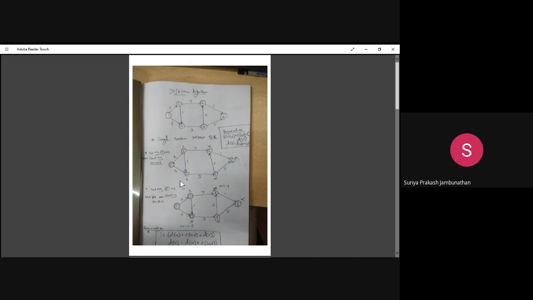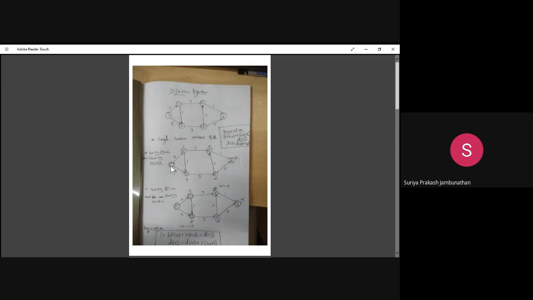One more thing you have to consider: we have direct paths from 1 to 2 and 1 to 3. Is there any direct path from 1 to 4? There is no direct path, so we are putting infinity. Here we are not having any direct path from 1 to 6 either, so in this case also we put infinity.